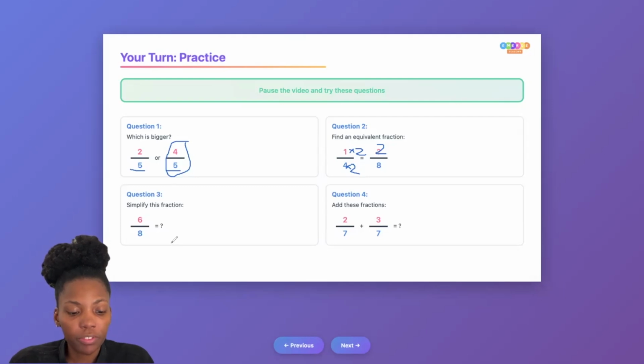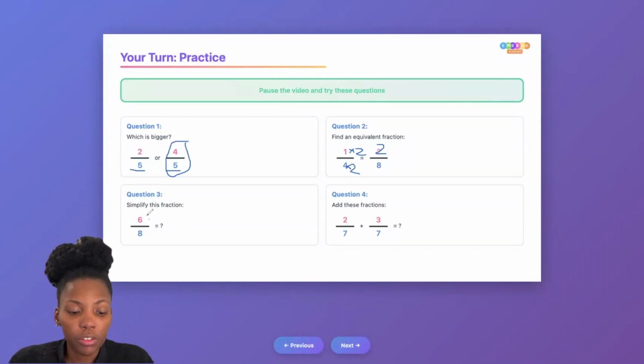Question 3, simplify this fraction. Now to simplify fractions, what we need to do is the opposite. We need to divide. So again, we can look at these numbers and we can see that they are both part of the 2 times table.